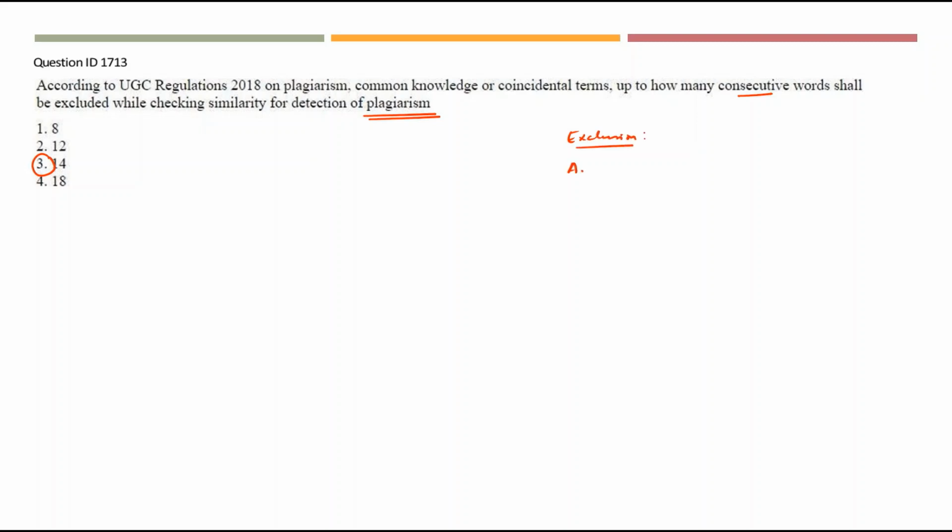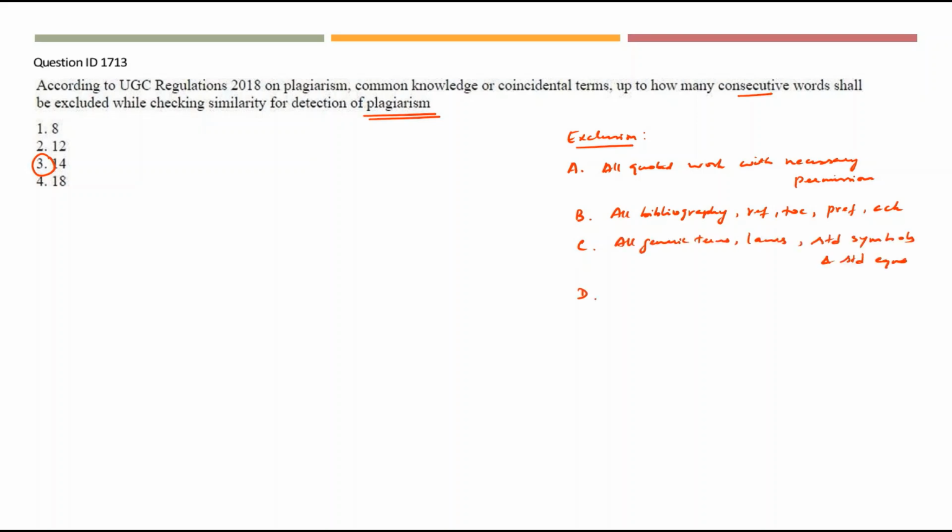All quoted work reproduced with all necessary permission or attribution. Next exclusion is all bibliography, references, table of contents, preface and acknowledgements. Then we have all generic terms, laws, standard symbols and standard equations can also be excluded.